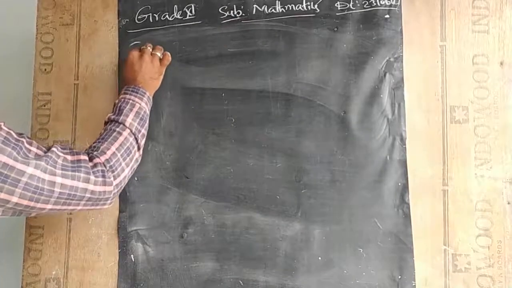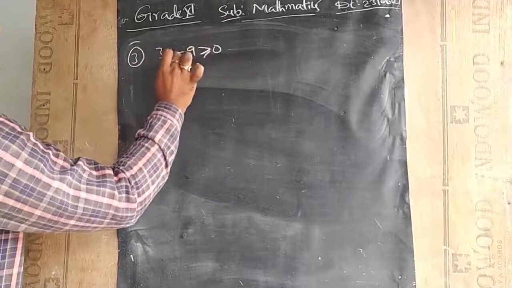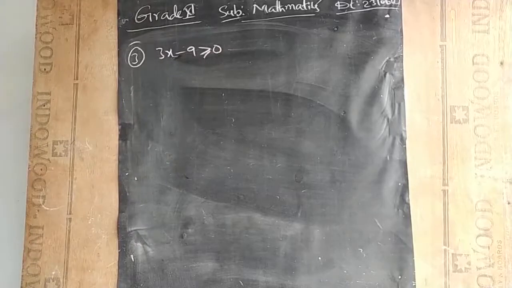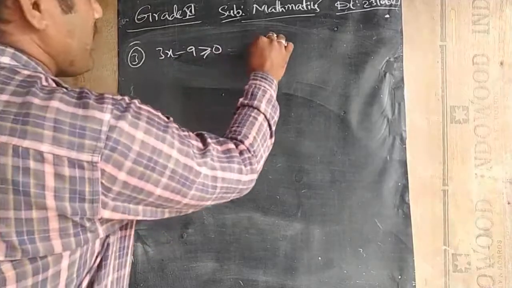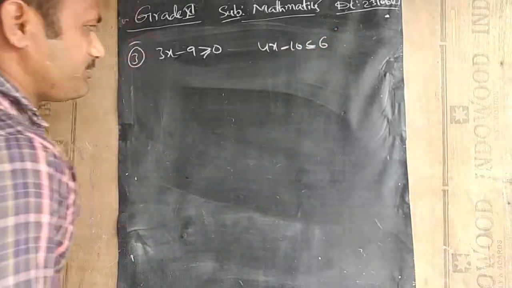Question number 3: 3x - 9 is greater than or equal to 0, and 4x - 10 is less than or equal to 6.